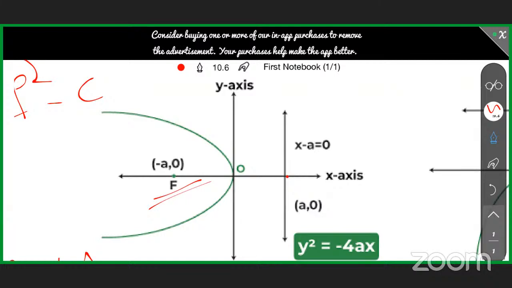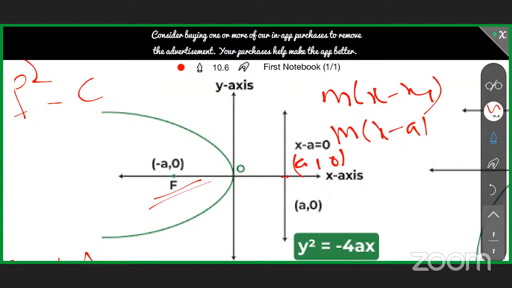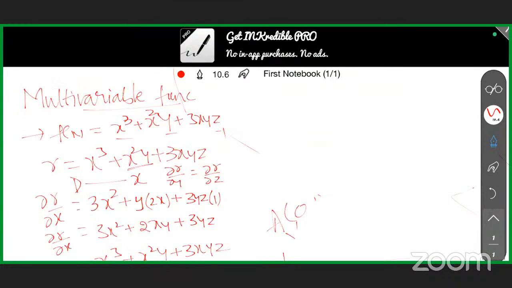Because this point is on the positive x-axis, the coordinate will be (a, 0). Therefore, m into x minus x1 will become m into x minus a. M is 1 by 0, so 1 into x minus a. That will be x minus a is equal to 0. This is the equation of the directrix.